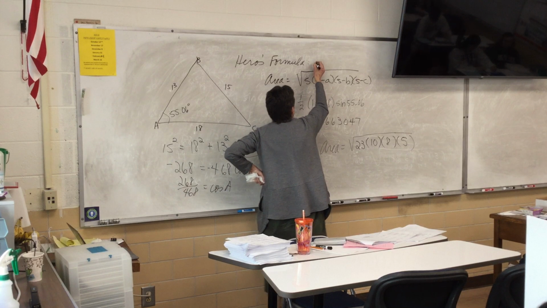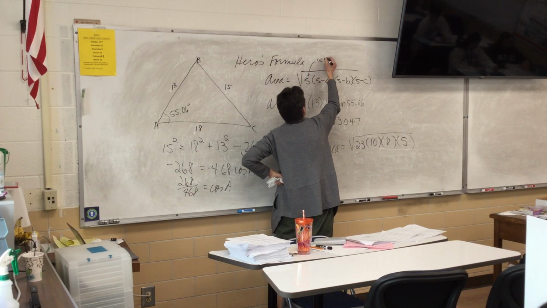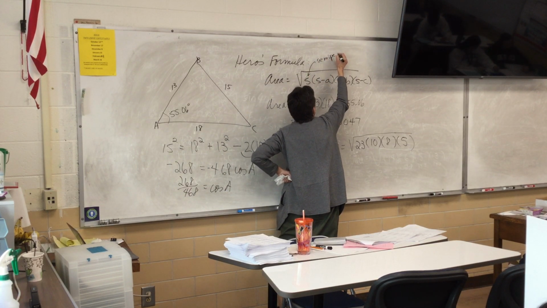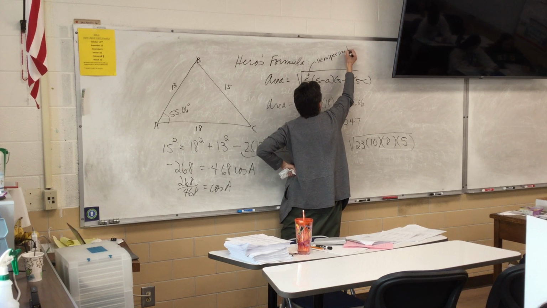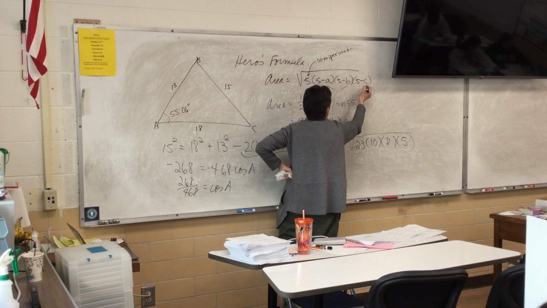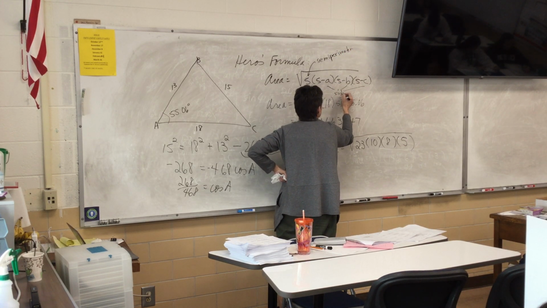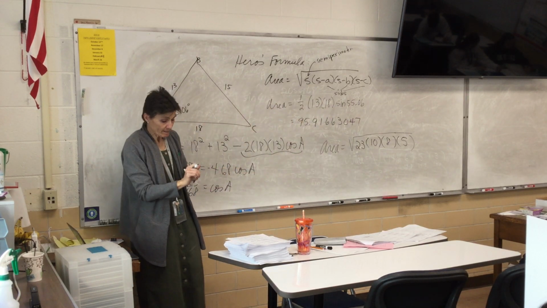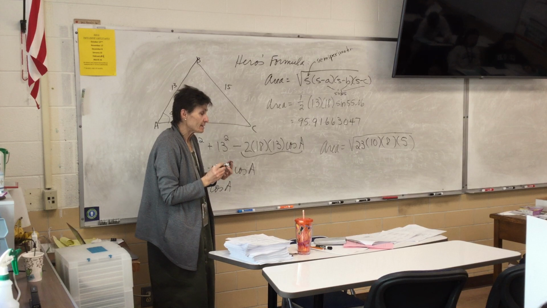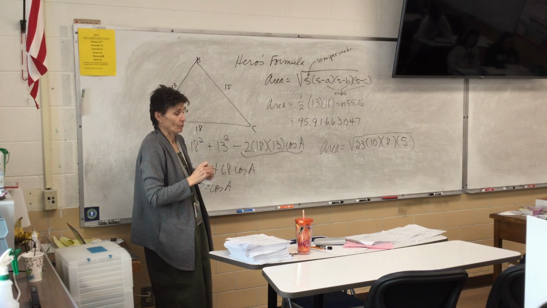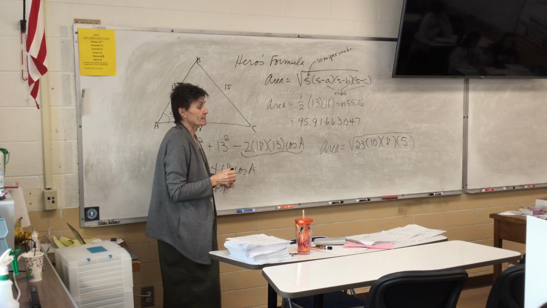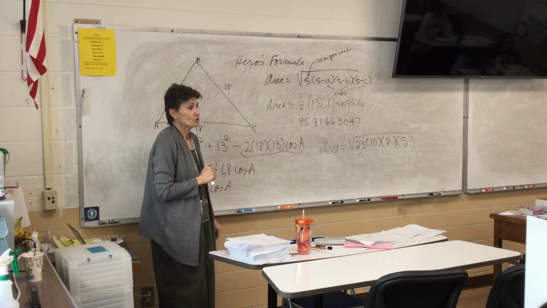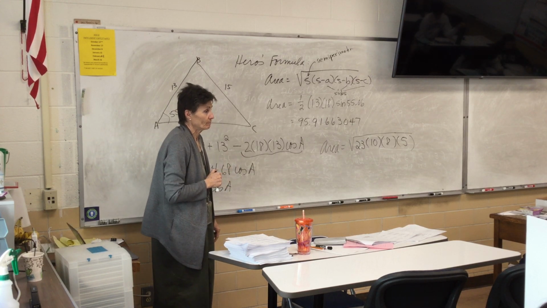S stands for semi-perimeter. And A, B, and C are the sides of the triangle. So clearly, this formula is only going to work if you have all three sides, because you need the perimeter.